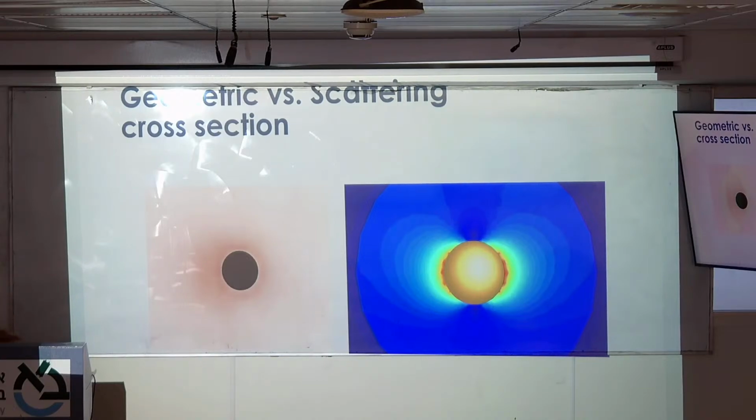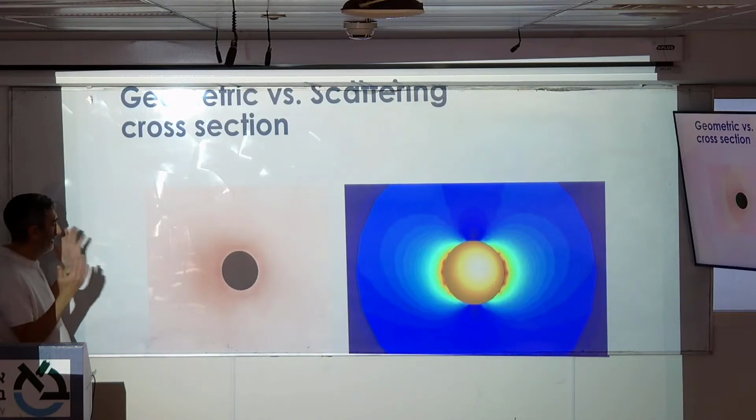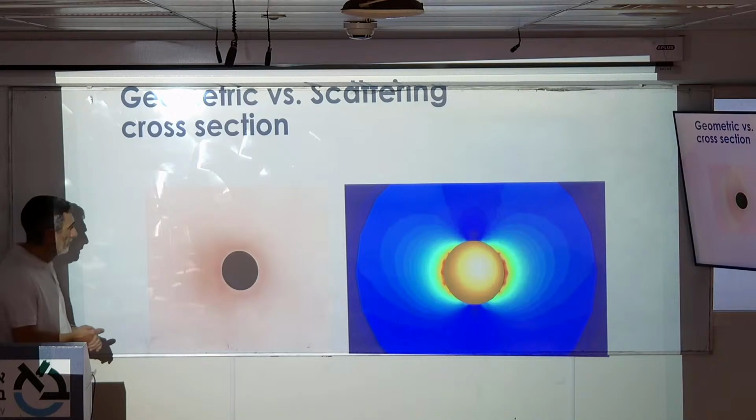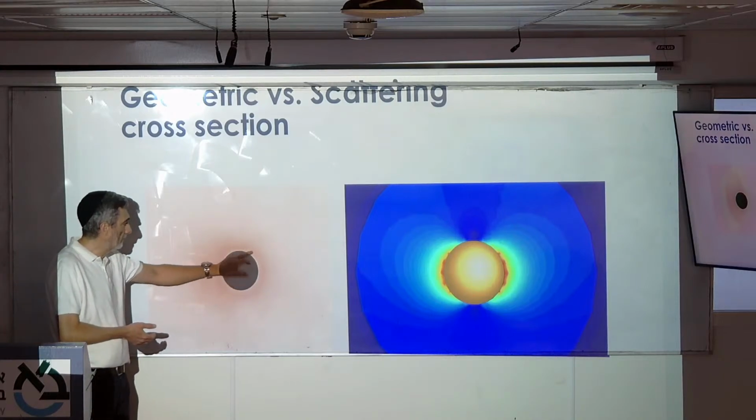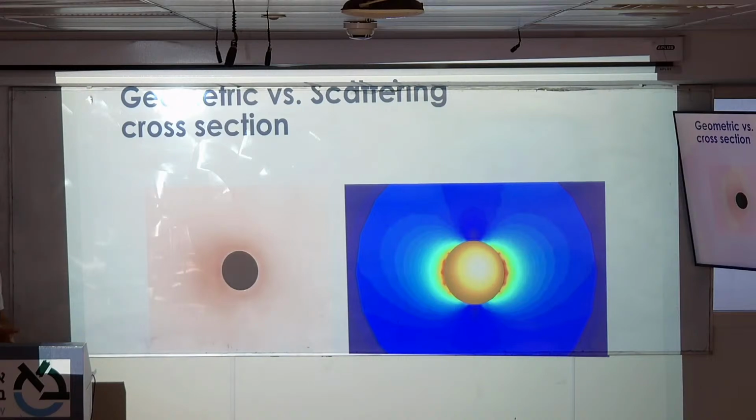If the energy of the incident wave is blocked by this object, this surface here is the geometric cross section of this object. But when you consider waves, the story can be very different.